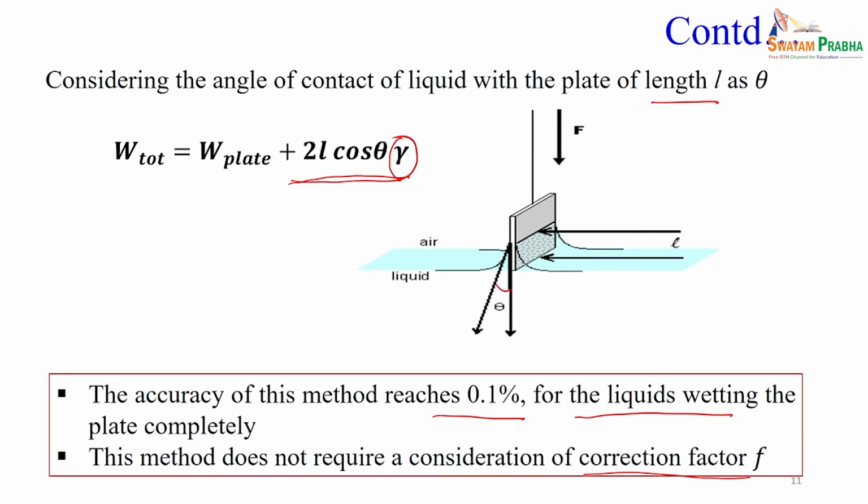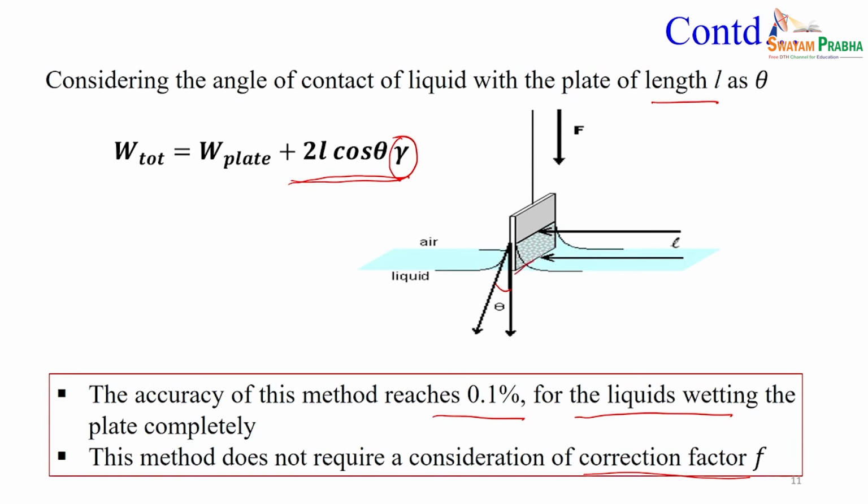So, what is the requirement for the material of the ring or plate is that it should be inert, it should not chemically interact with the liquid, also it should be as lightweight as possible. So, we mostly use the platinum ring or the platinum plate, but again it should be perfectly horizontal.